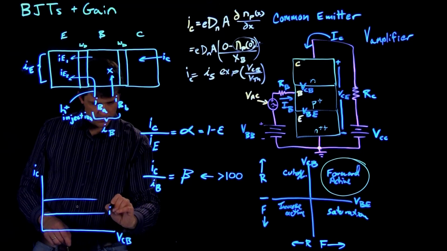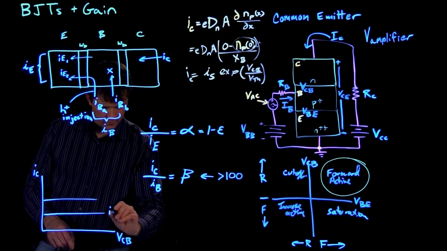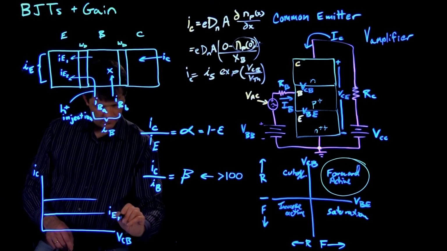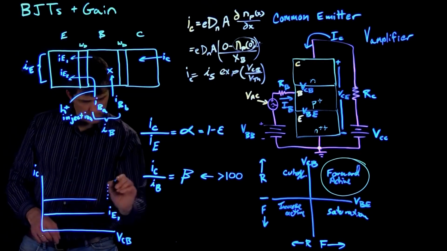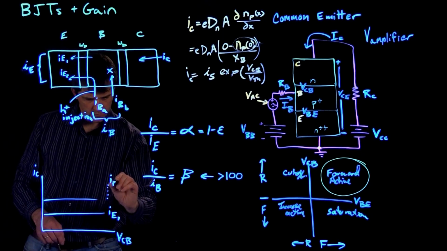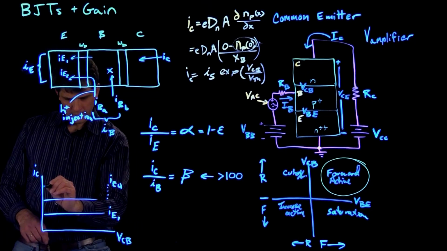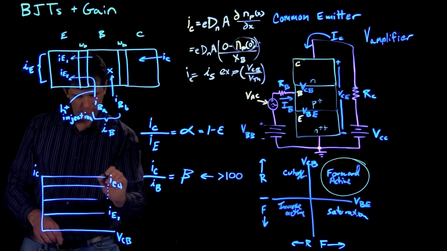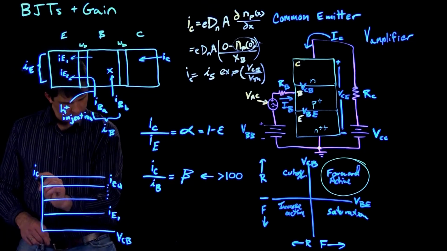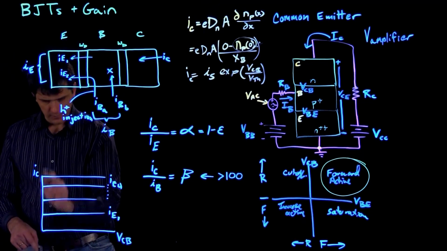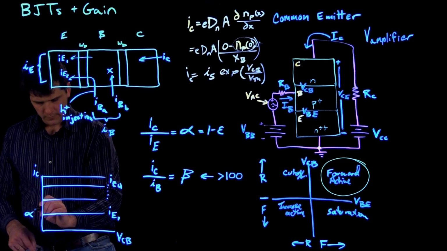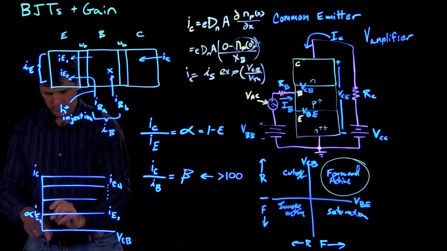So for these different emitter currents, IE1 to IE4, we can define 4 different levels here, and each of these, the IC would be alpha times IE1 here.